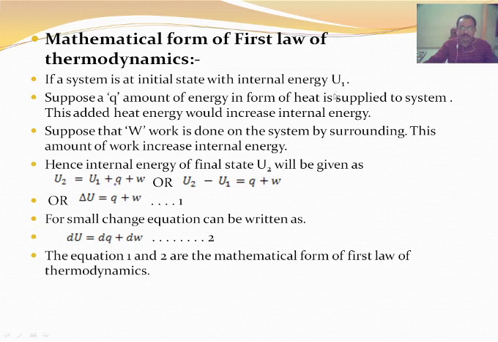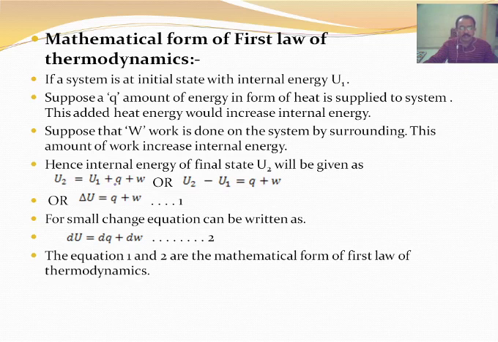Now, initial internal energy is U1. We increase the internal energy by adding Q amount of heat energy, and also we do the work on the system, that is work is done by surrounding on the system. It is a compression type of work done. Then also there is an increase in the internal energy, and due to all this there is a change in internal energy.